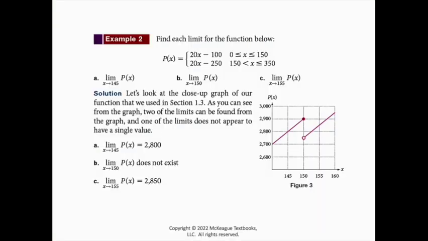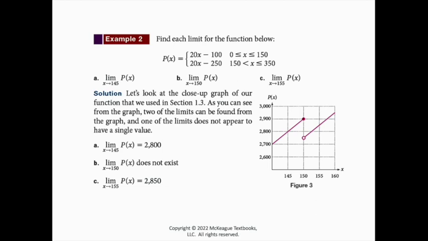Our next example involves that piecewise function from the previous section that we used to model the profit for that fundraising dance. And we had to create it as a piecewise function because there were different profit functions depending on the number of people that attended the dance. Now, if we look at the graph, the interesting point is x equals 150.